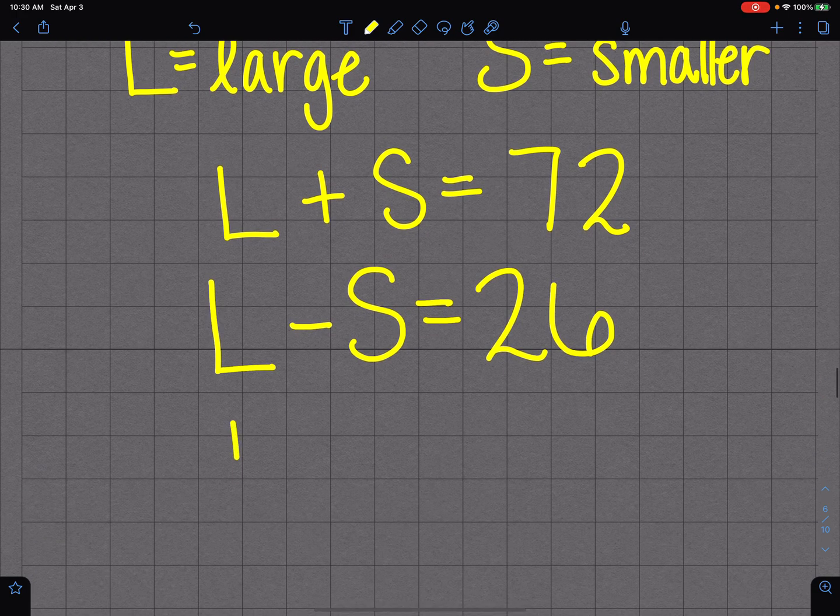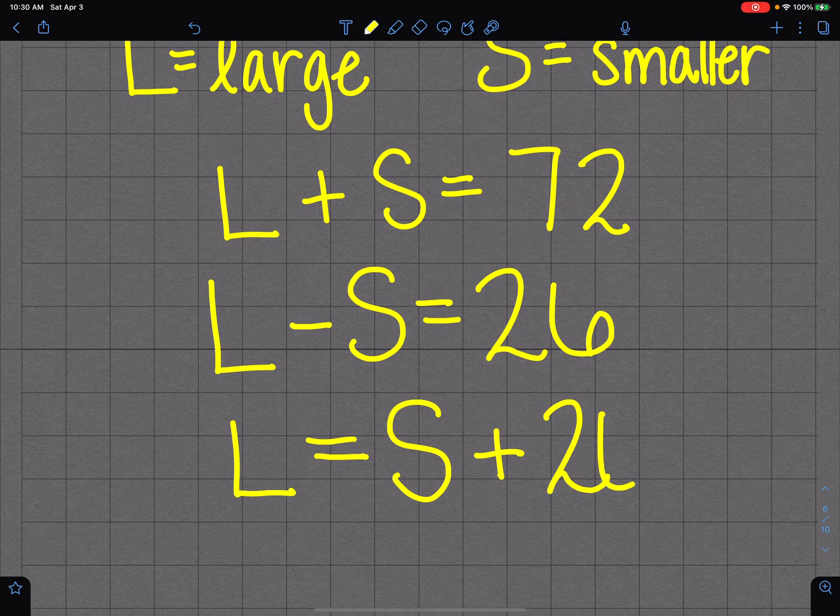You could also write L equals S. You could figure it out like we have been with the other ones, and say this is a wrong equation and we need to add 26 to the small side, right? Okay, so that is the same thing as the previous.